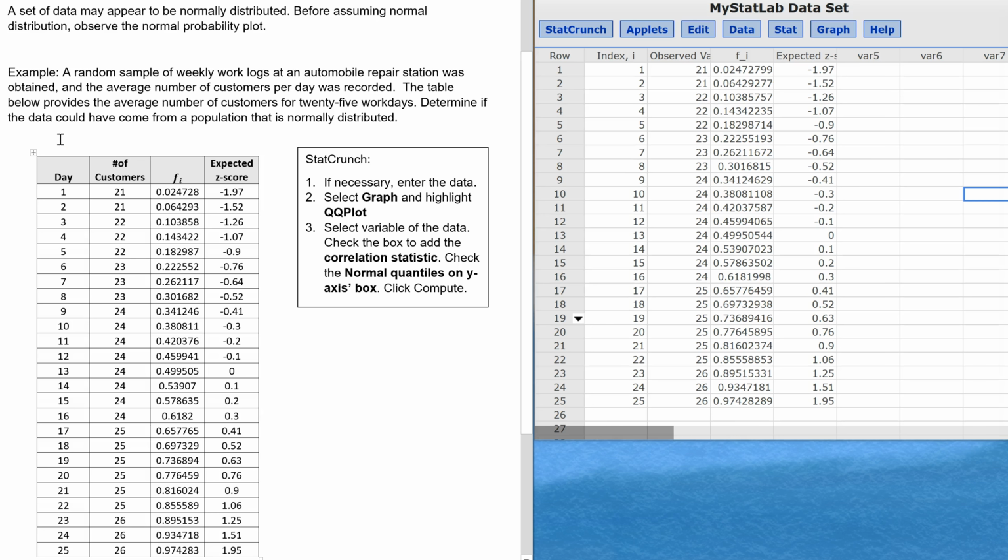Looking at the table of data, let's interpret what each column is telling us. The first column is telling us the day of the observation. The second column is telling us how many customers there were.